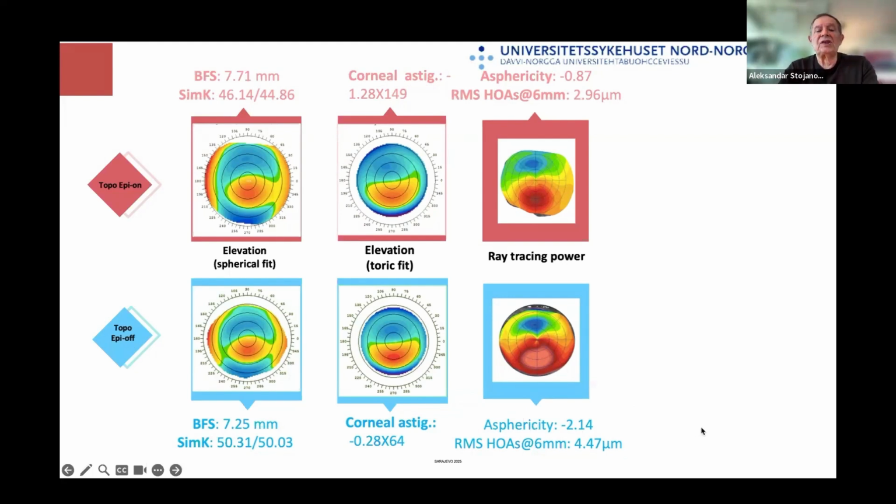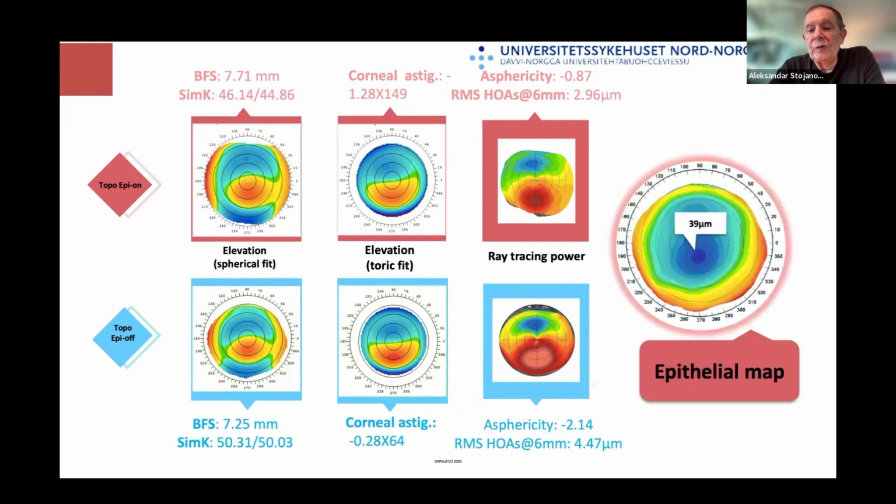So all these changes are due to this epithelial, we can call it an epithelial lenticule, which is a concave epithelial lenticule 39 microns thick in the center and some 70-80 microns thick in the periphery.